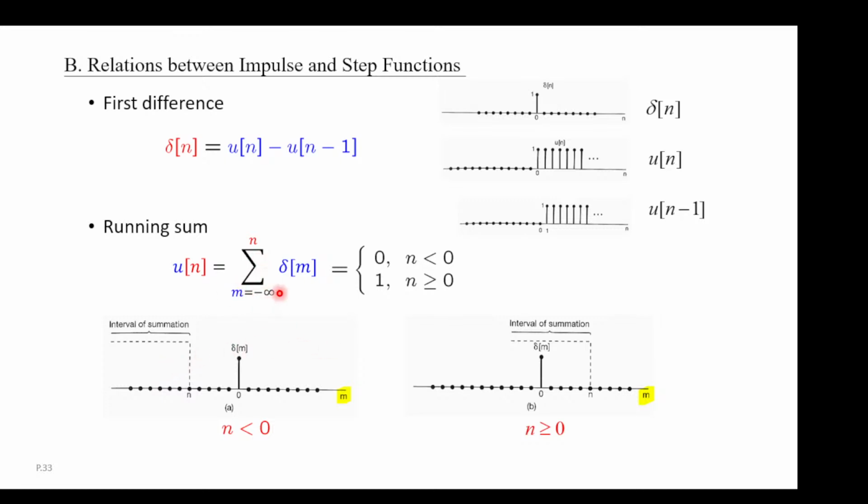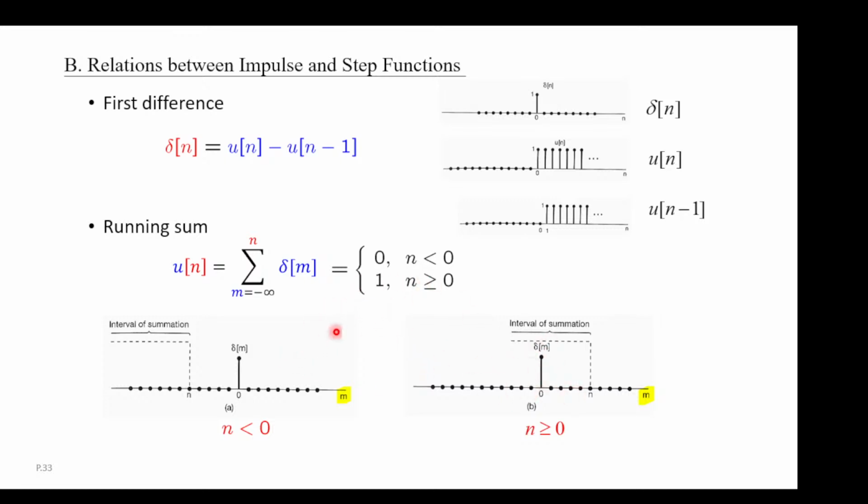The summation is from minus infinity to n, and you consider whether your n is smaller than 0 or greater or equal to 0. If n is smaller than 0, then this summation never touches the actual impulse, so this will be 0. And if n is greater or equal to 0, then this summation will sum over the delta part, the impulse, so you will get the sum to be 1, just once.